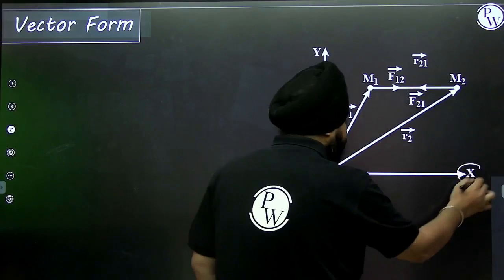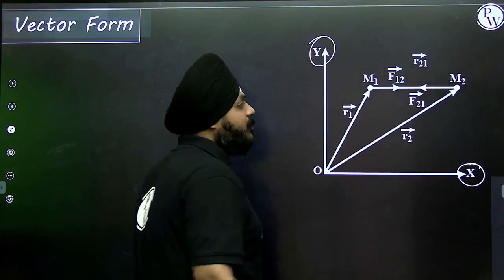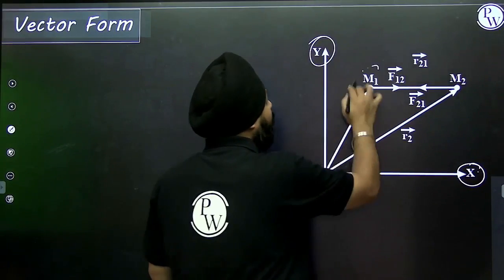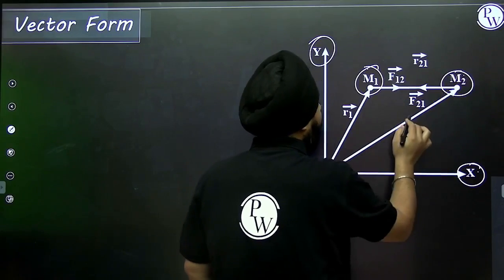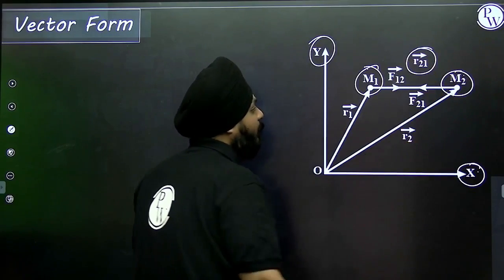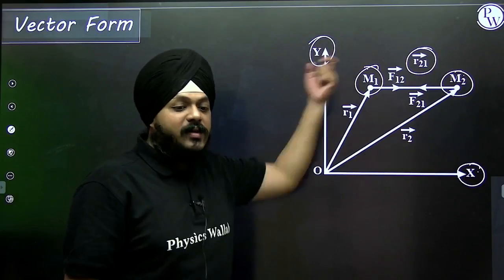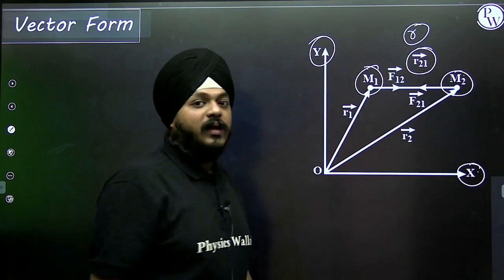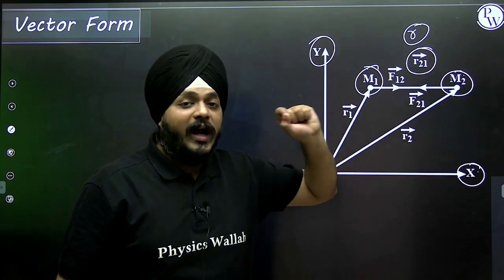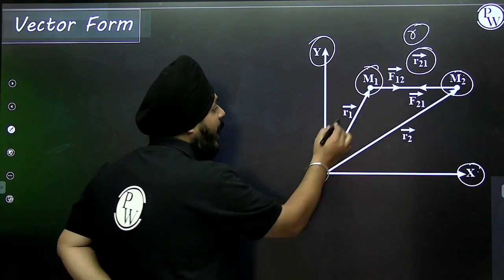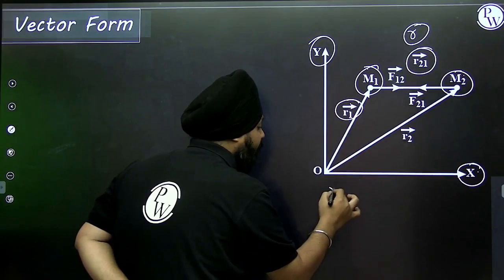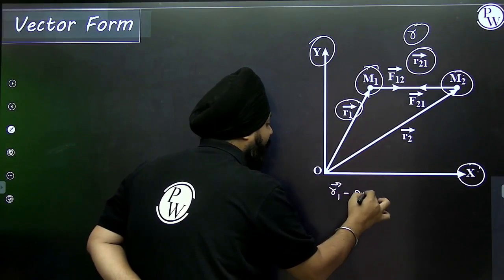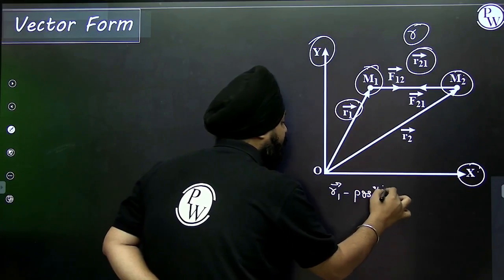Suppose this is an x-axis, this is a y-axis. This is particle 1, this is particle 2. They are separated by the distance r, but this is the magnitude of the distance between them. In the Cartesian coordinate system, R1 is the position vector of particle m1.